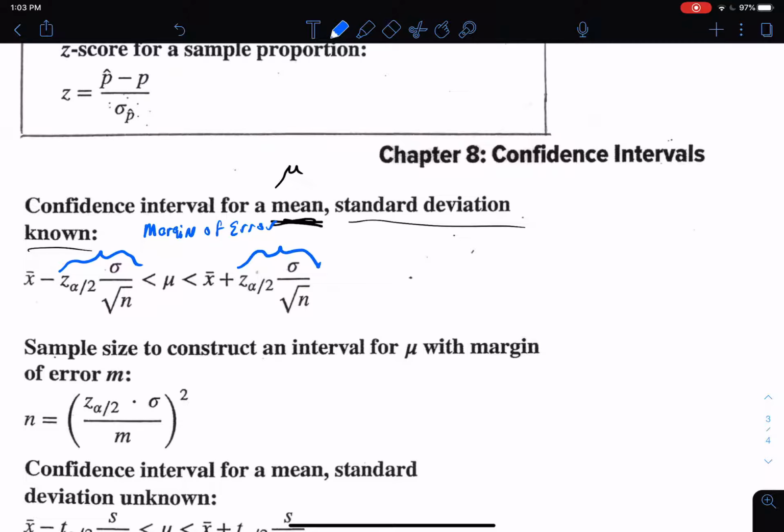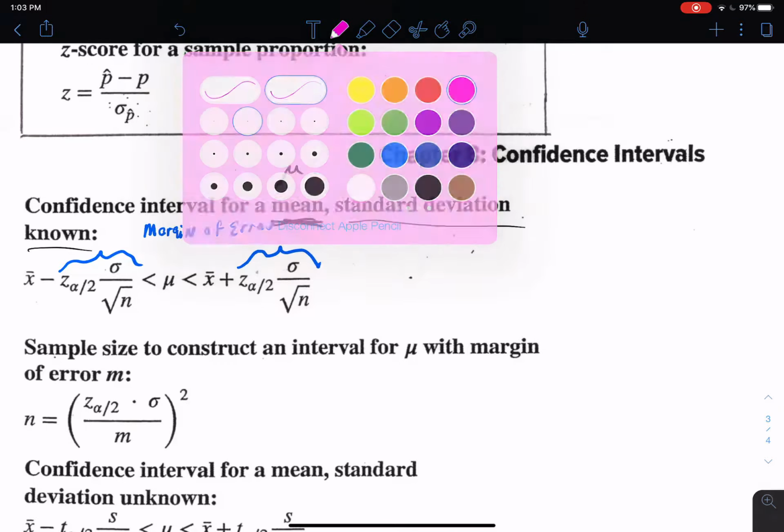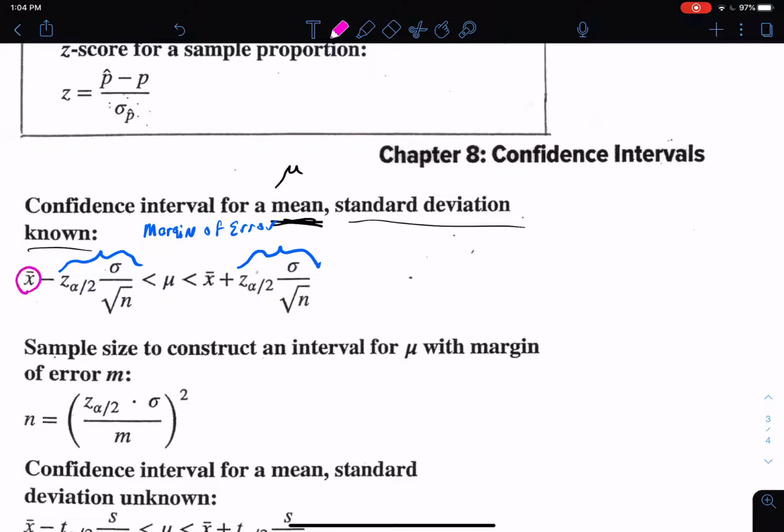And what is this little piece over here? Well, that is just the sample mean. Sorry, the sample mean. That's just the sample mean.